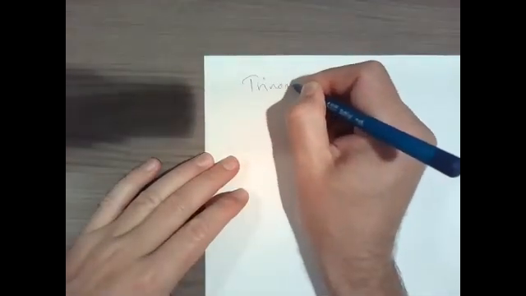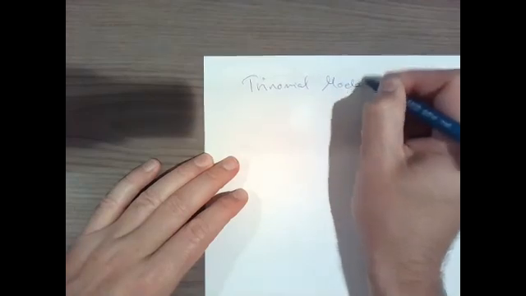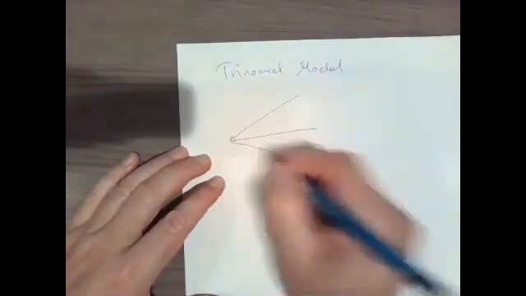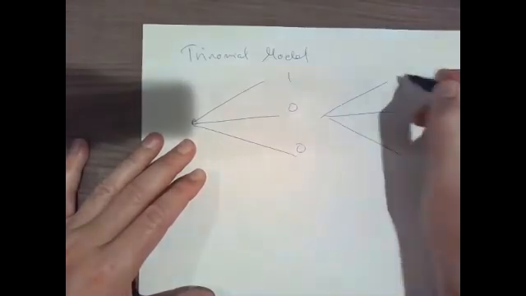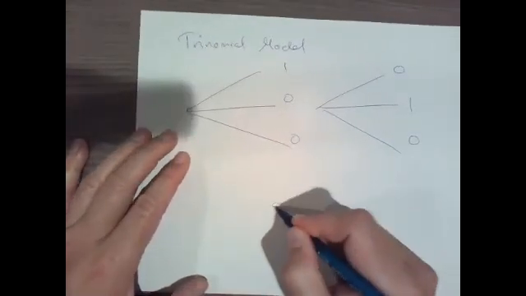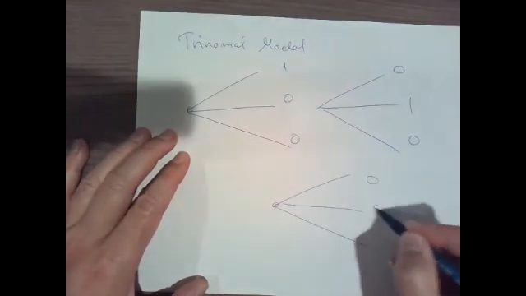If we were to have that model from last time where we had 3 states, a trinomial model, then you would have 3 branches. So you'd have 1, 0, 0, you would have 0, 1, 0, and then you would have 0, 0, 1.